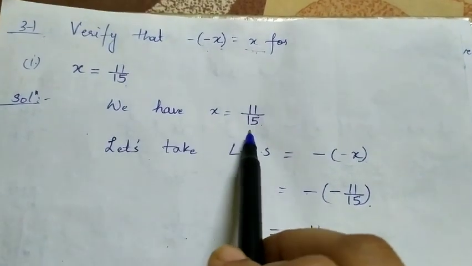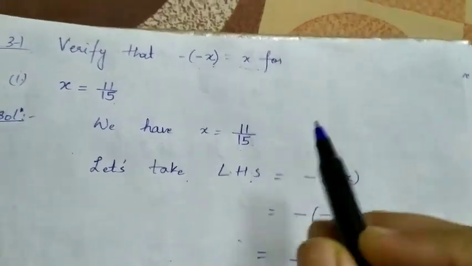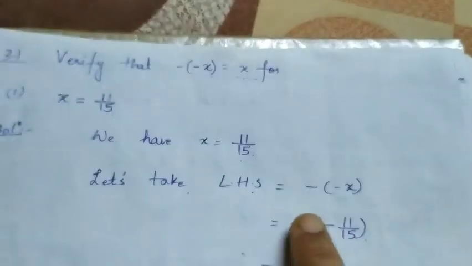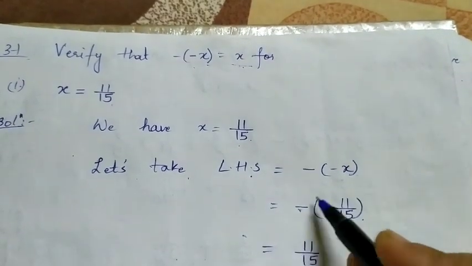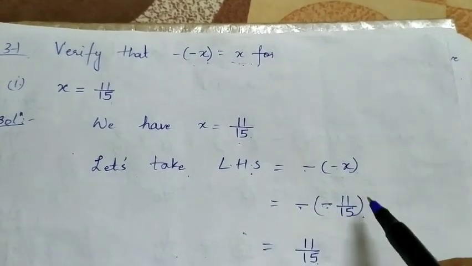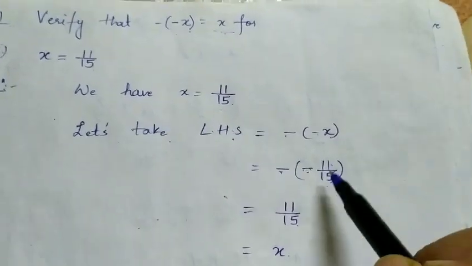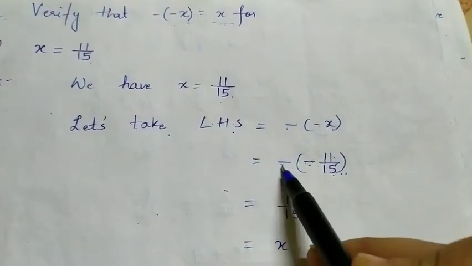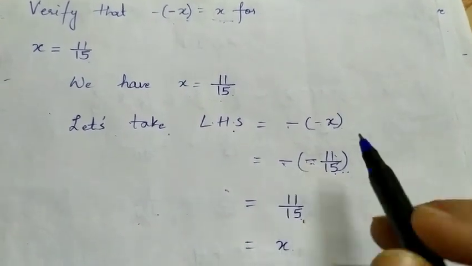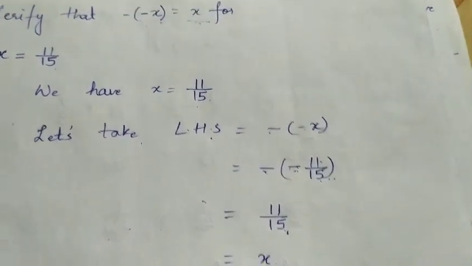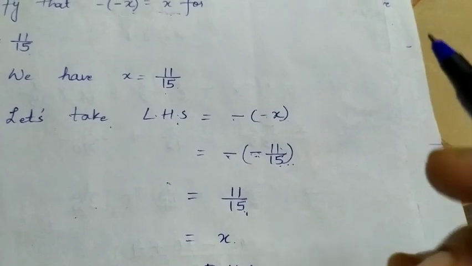We have x is equal to 11 by 15. Now let's take the LHS part, that is minus of minus x. The minus sign will stay as it is part of the question, and the value of x is 11 by 15. So we have written it like this, and then we know that minus into minus is plus, so it is 11 by 15. You have studied this sign rule in the chapter on integers in your last class, I guess.